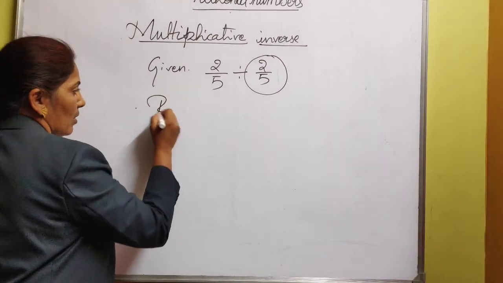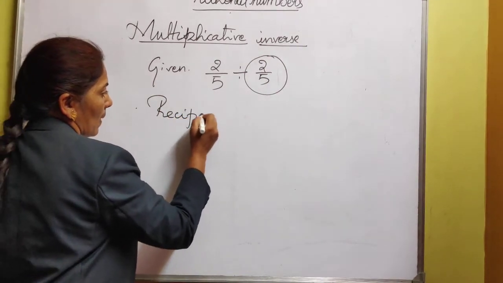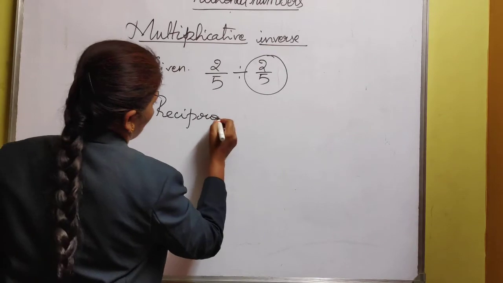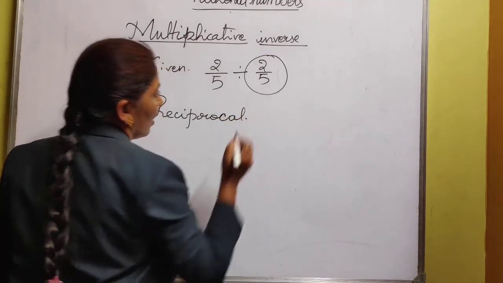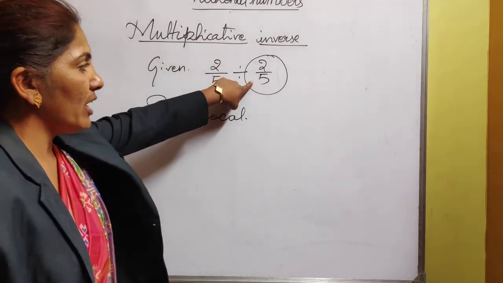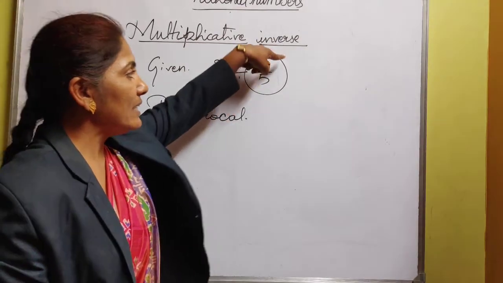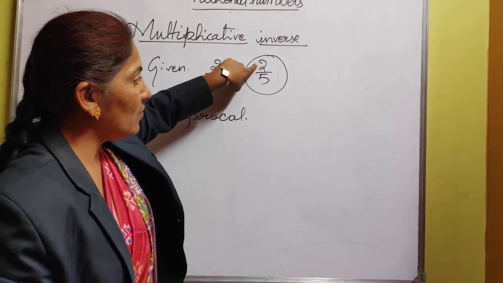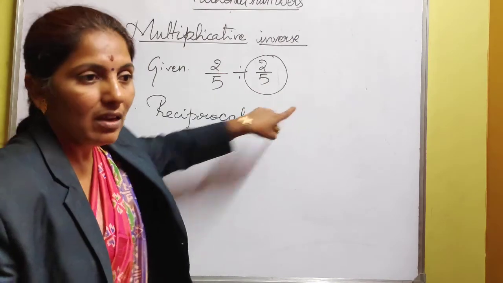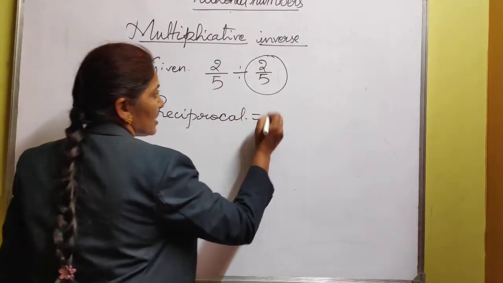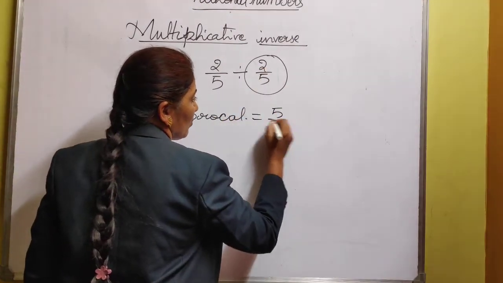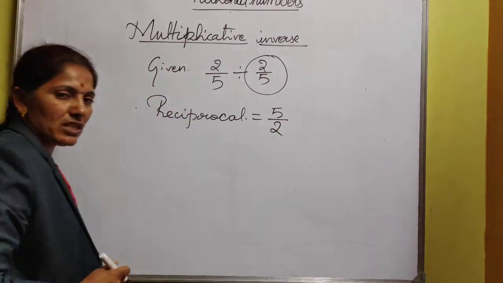Always when I talk about the reciprocal, the value of the denominator is written in the numerator and the value of the numerator will be written in the denominator. So the reciprocal of 2 by 5 is nothing but 5 by 2.